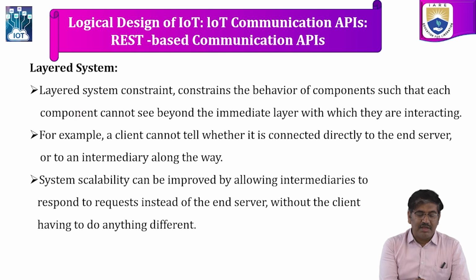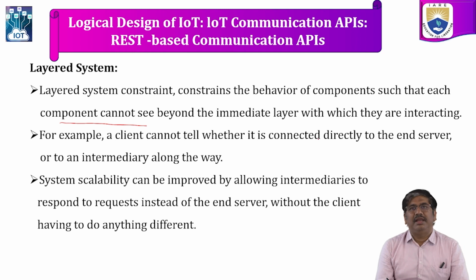Layered system. A layered system constrains the behavior of components such that a component cannot see beyond the intermediate layer with which they are interfacing. For example, a client cannot tell whether it is connected directly to the end server or to an intermediary along the way.